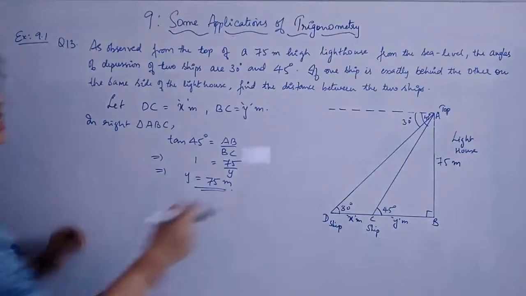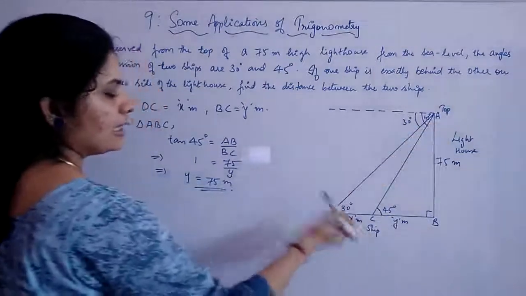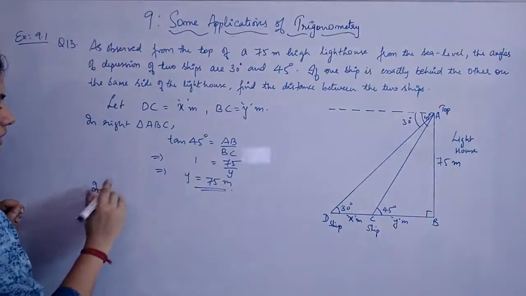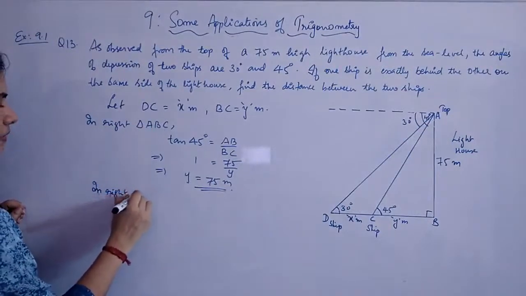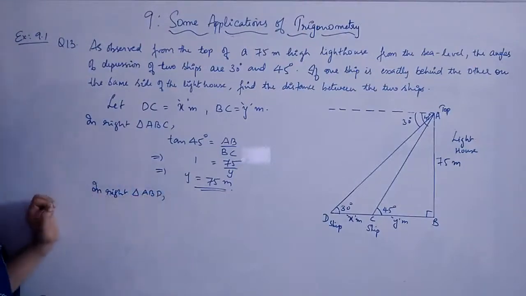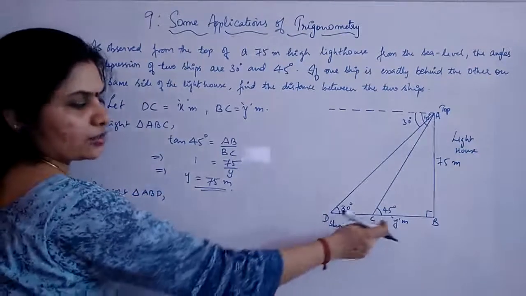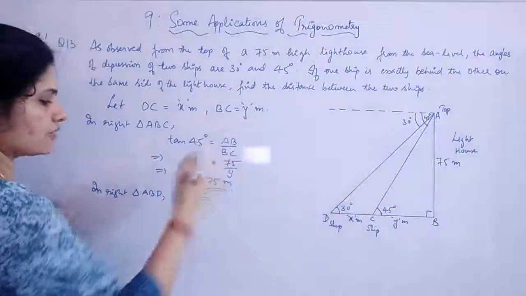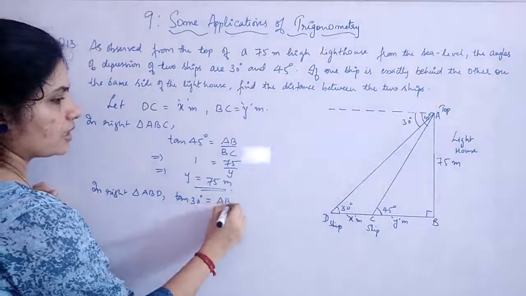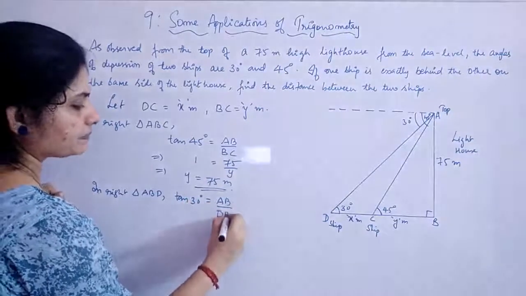Next we will go to the next triangle, that is ABD. In right triangle ABD, again we will take tan 30 degree because we need this side to be included and the opposite side is given there. So tan 30 degree is equal to AB by DB, right?